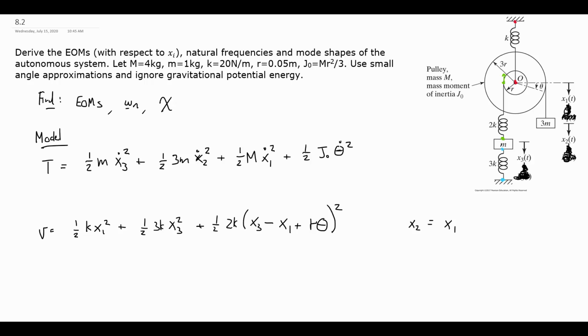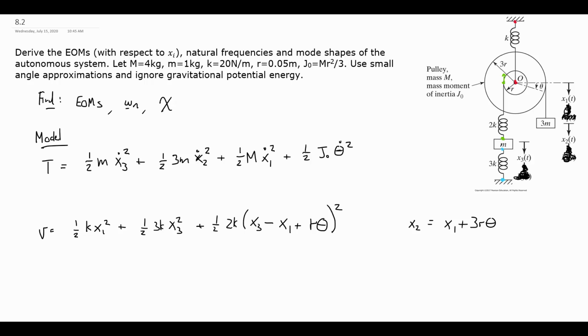However, the 3m is attached to the pulley, and it's affected not only by the translation, but like the spring, it's going to be affected by the rotation of the pulley. So let's think of the pulley in pure rotation. If we rotate it by an amount theta, 3m is going to lower by an amount of 3r times theta, again, assuming small angles of rotation there.